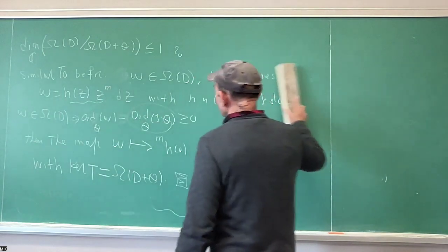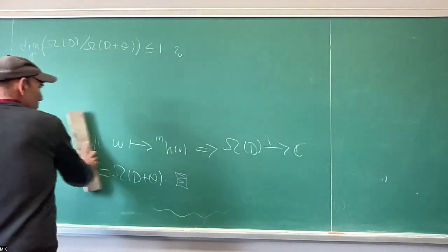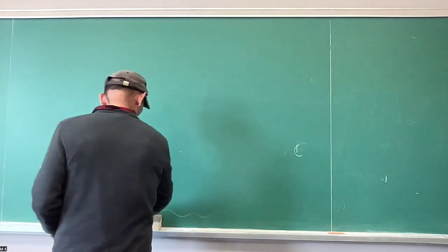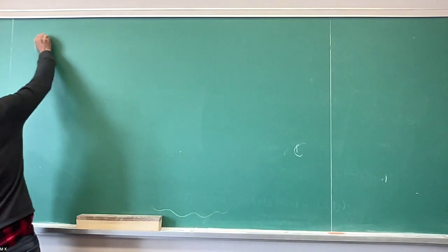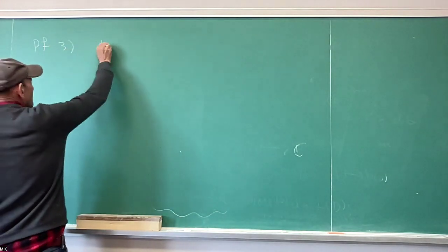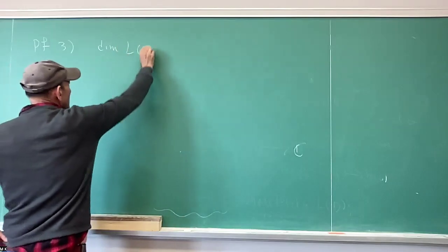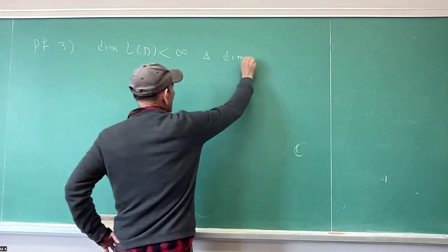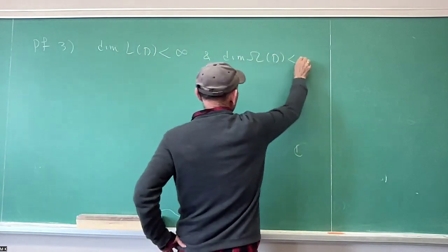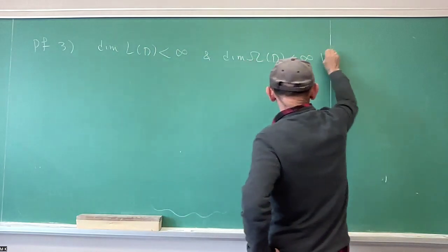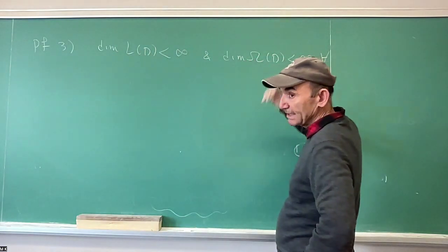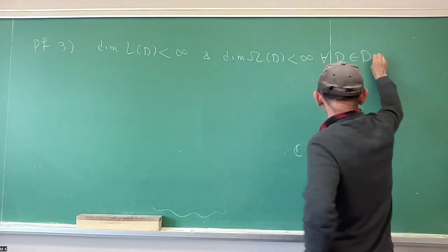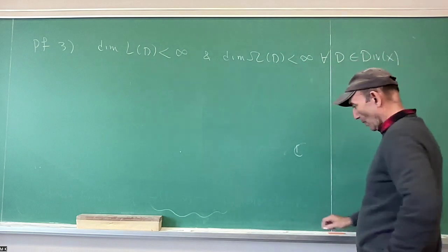Okay, so now part 3: the dimension of L of D is less than infinity, and the dimension of omega of D is less than infinity for all divisors D, for all D belonging to divisors of X. Okay.